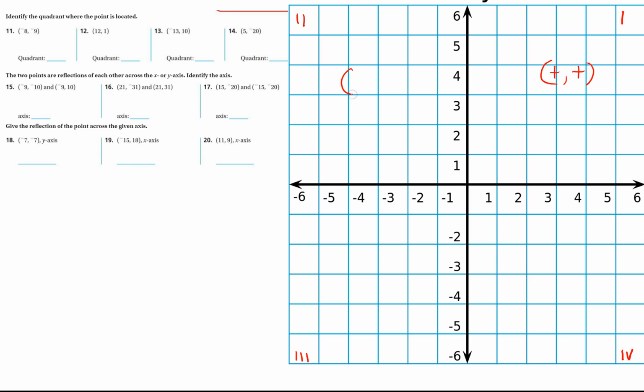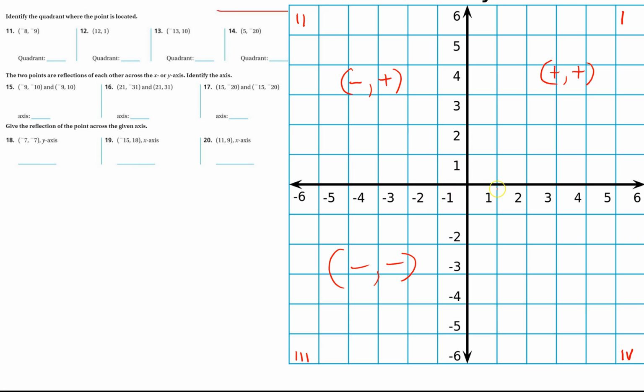Quadrant 2, if we go on the x-axis, we have to move to the left, which to the left would be negative, and then up from the y-axis, which would be positive, so it's going to be negative, positive. The quadrant 3, we have to move to the left, and then down, so that's all down here, it's going to be negative, negative.